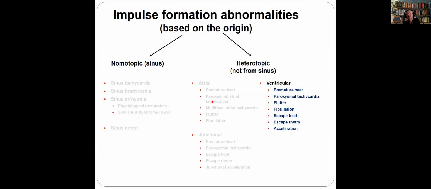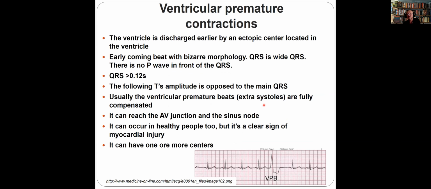All right. The ventricular beat is very easy to recognize, because the impulse forms in the ventricle, but it's never activated through the normal conducting system. If something originates from the ventricle, it cannot enter back to the bundles.